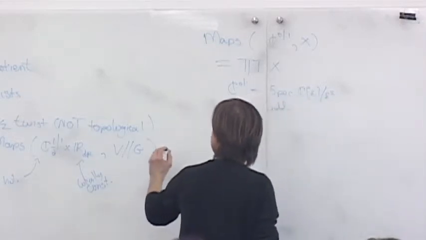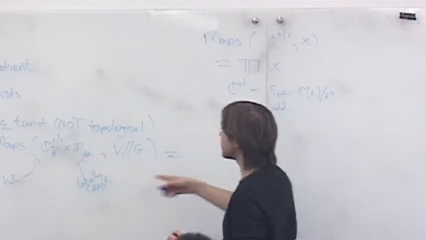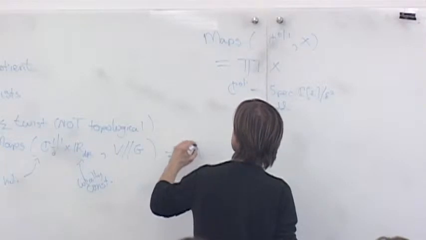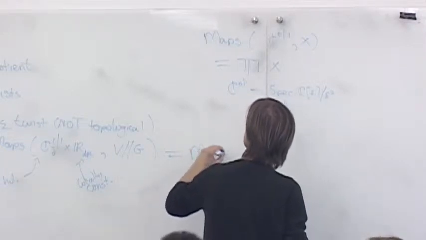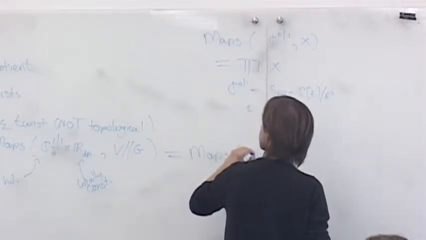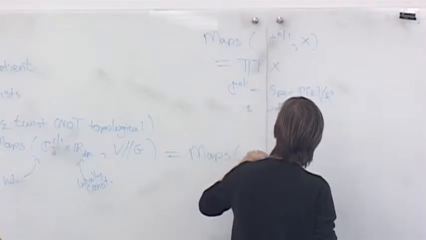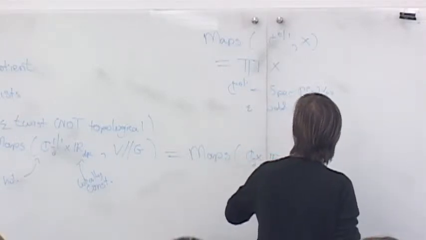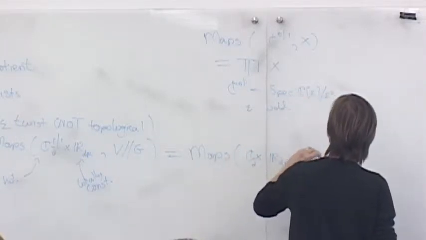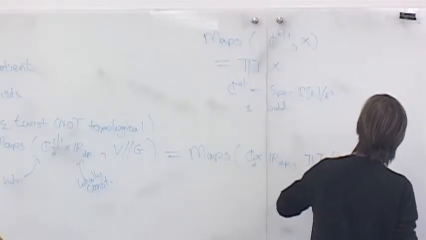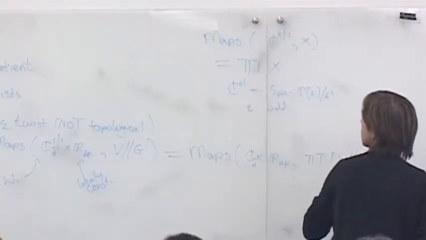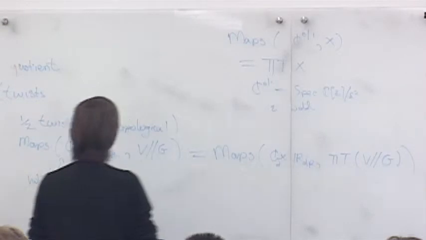So we can view this mapping space by using various adjunctions. Maps from C cross R to the shifted tangent bundle of V mod G. This is one way to look at it.